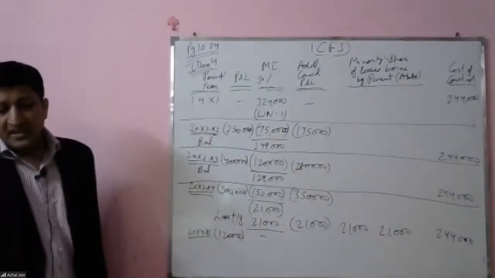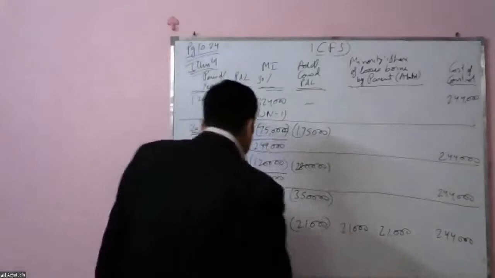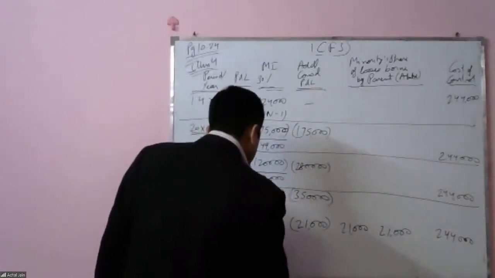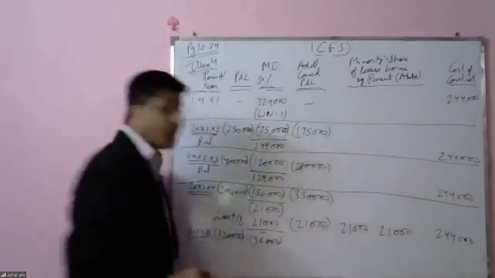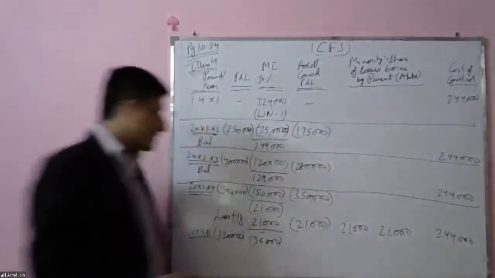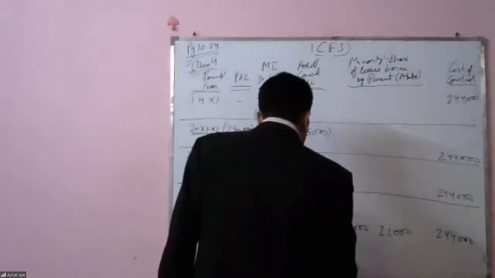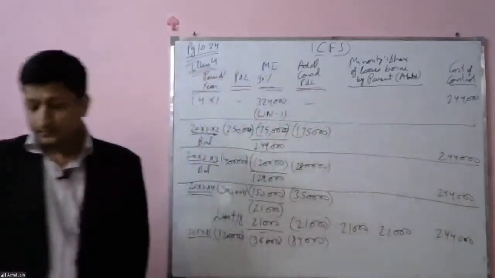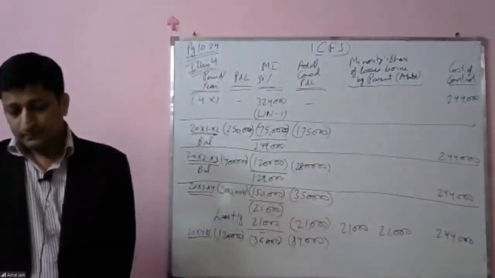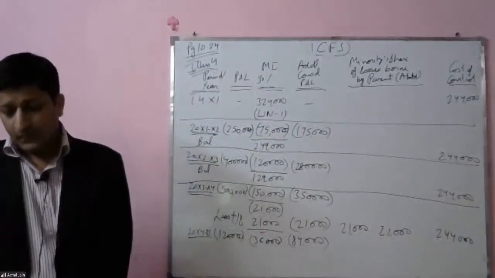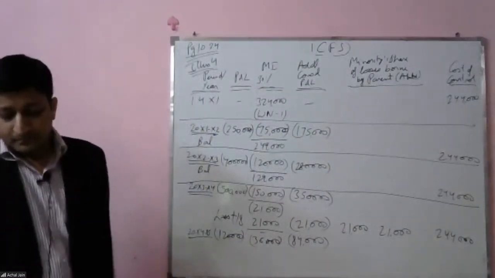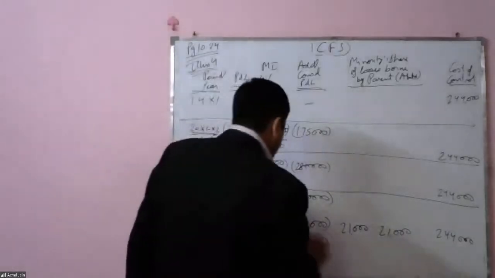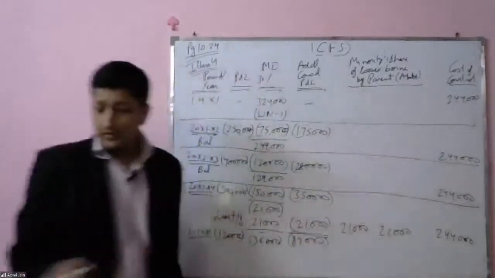Once again it will be attributed to minority. 36,000 is the share of minority and the remaining is the share of majority, 84,000. All right. And I am not computing this balance. This is not required. You don't need to get into that computation.